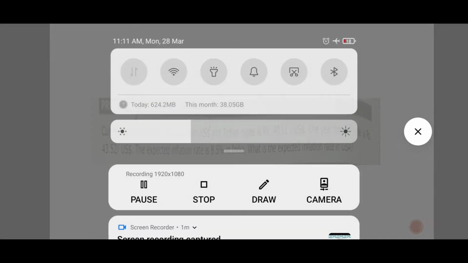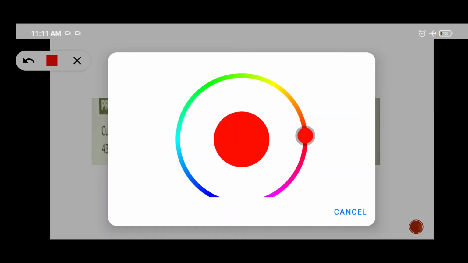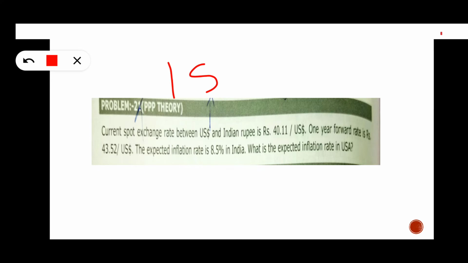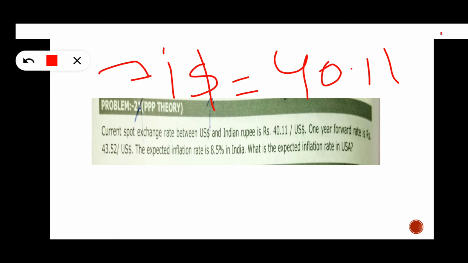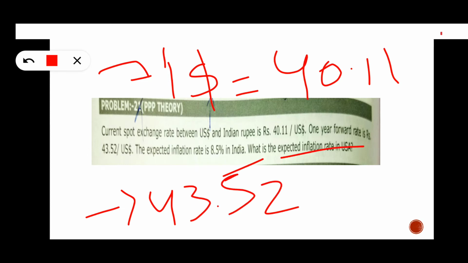It says that the current spot exchange rate between US dollars and Indian rupees is 40.11. That is, $1 equals 40.11 Indian rupees, and this is the spot rate, and the 1 year forward rate is 43.52. What is the expected inflation rate in USA?